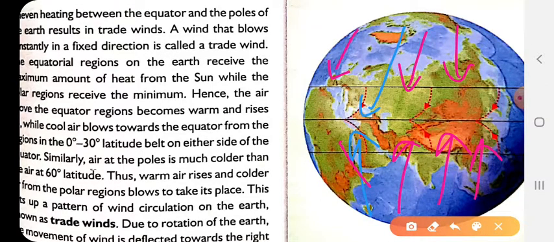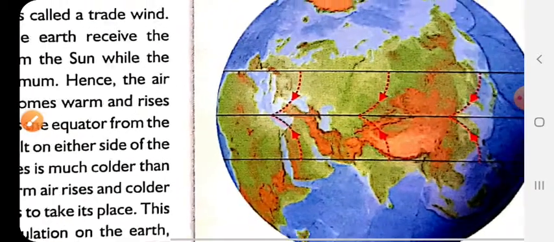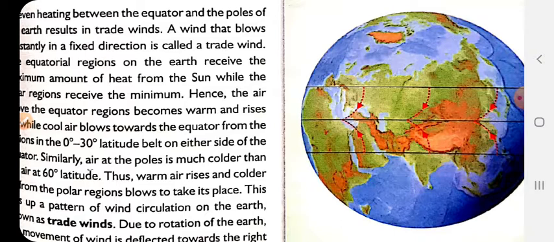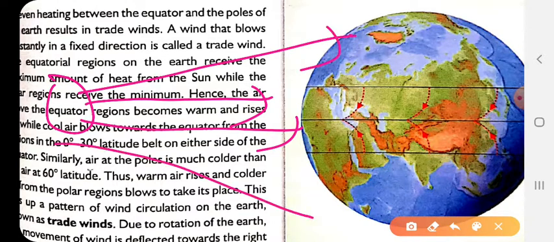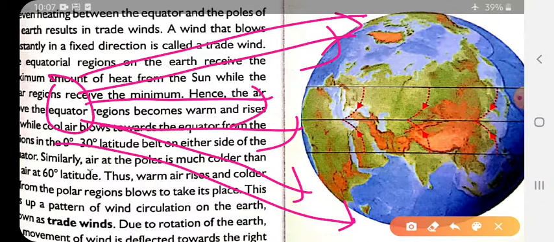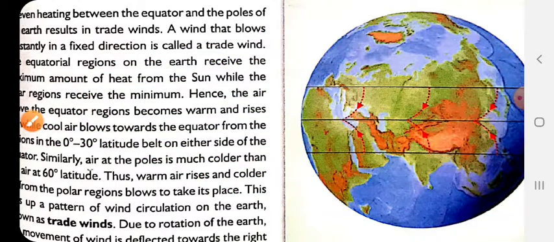What is the reason that they blow from poles to equator? Let us understand, beta. We know that the equator part experiences the sun rays directly, whereas the poles experience the sun rays in a slanting way, right? Because of direct sunlight, the equatorial region becomes much warmer as compared to the poles.